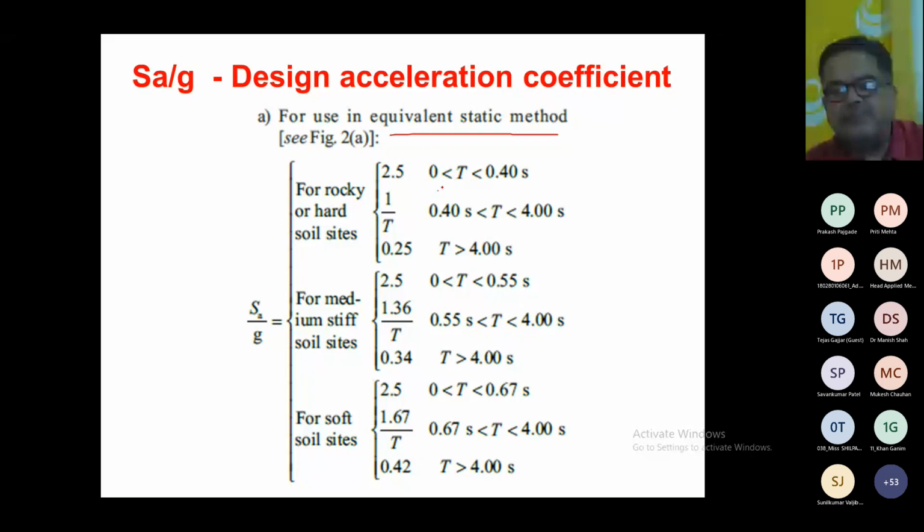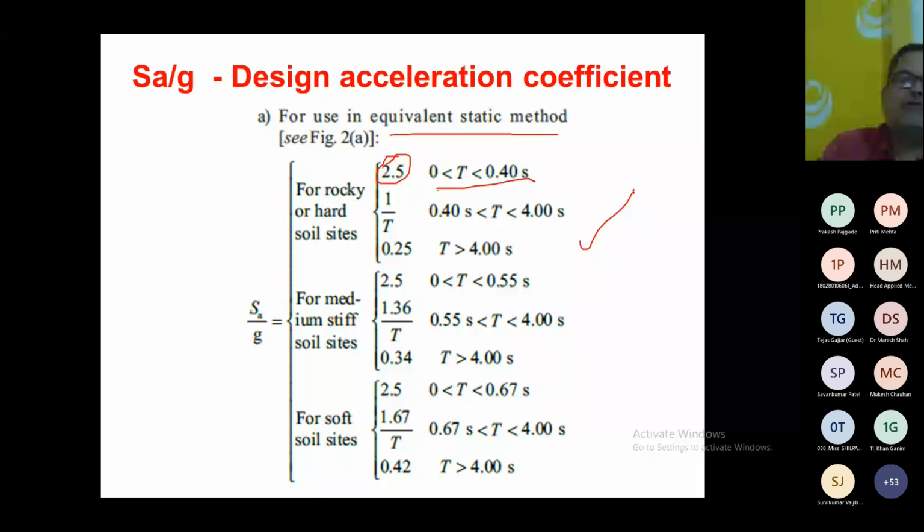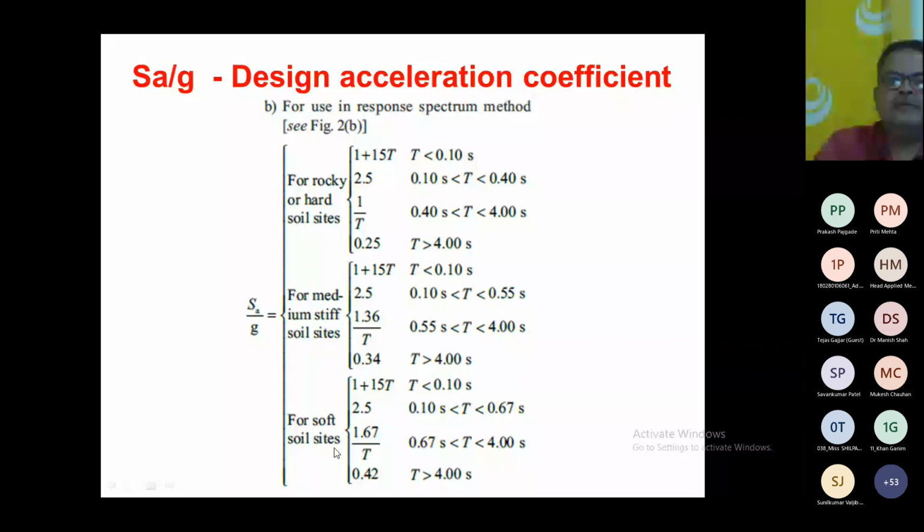If the natural period is 0 to 0.4 second, then the value of Sa by g is 2.5. For 0.4 second to 4 second, it is 1 by T, and if it is greater than 4 second, it is 0.25. These values are already given in the code, so you can directly use these equations for the different types of soil: hard, rocky, medium soil, soft soil, and the same way for the response spectrum.